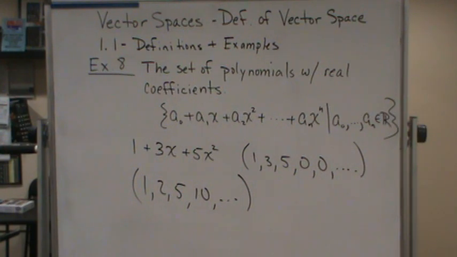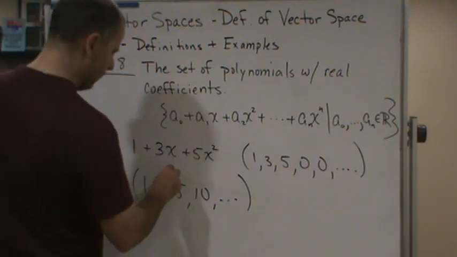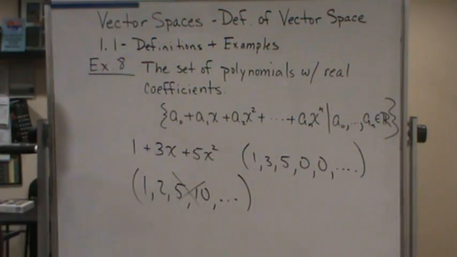Okay? Vectors in this space correspond to infinite tuples that always end in zeros. So there'd be nothing in here that would correspond to this, given the previous example. Okay, that's it.